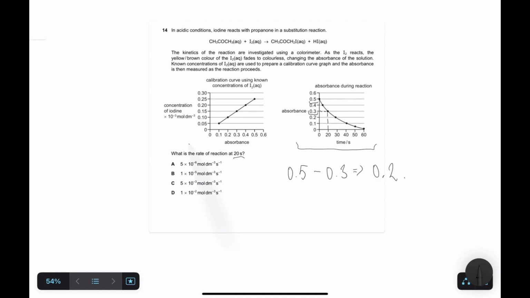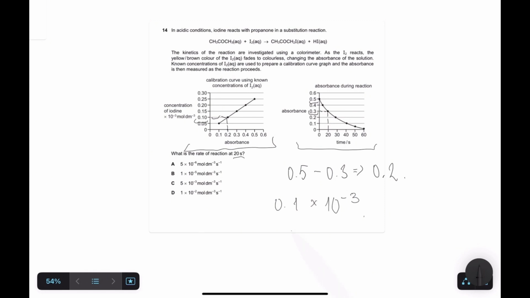And if we look at the first graph, the concentration and absorbance graph, we draw it from 0.2 to concentration. Therefore, the concentration is 0.1 multiplied by 10 negative 3.